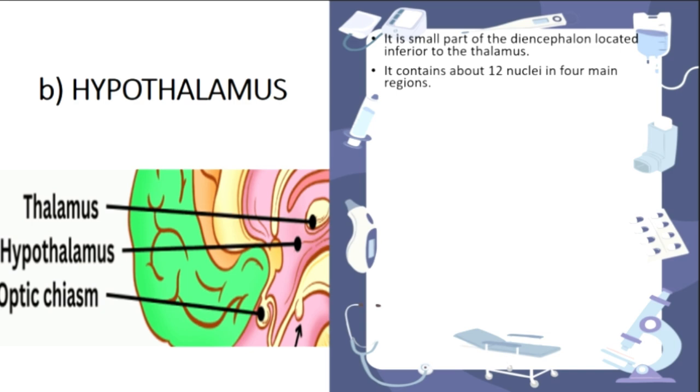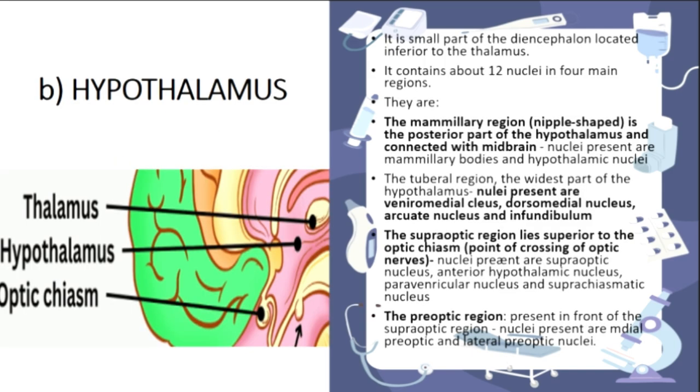So next is the hypothalamus. As I have already told, the thalamus is the major part and the hypothalamus is the very smallest part. The smallest part in the diencephalon is the hypothalamus, and it mainly consists of 12 nuclei, divided into four main parts.